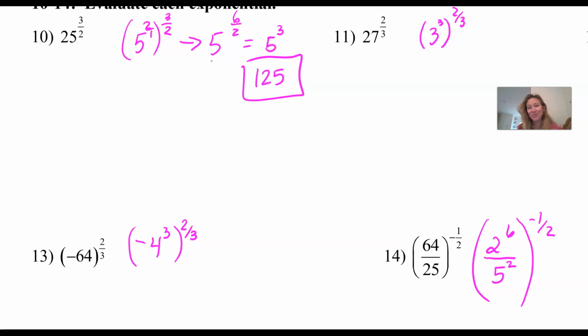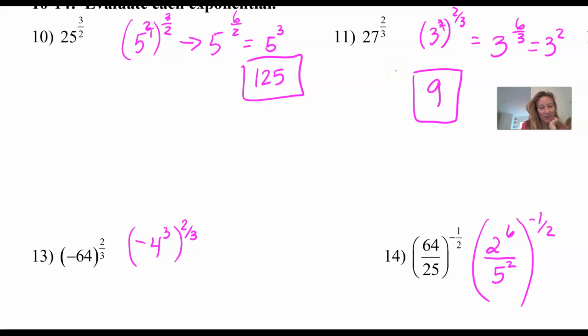Cool, that was cool. Okay, number 11, I changed that 3 to 3 over 1 as the exponent, multiplying across. I get 3 to the 6 over 3, which again is going to be 3 squared. And so the numerical answer here, 3 squared, is 9. Loving these. These are fun.